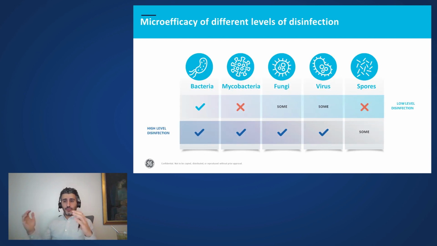Just to give an overview of the difference between low-level and high-level disinfection: high-level disinfection means every disinfection that will kill bacteria, mycobacteria, fungi, viruses, and some spores. But low-level disinfection only kills bacteria, but no mycobacteria, only some fungi, some viruses, and no spores at all.